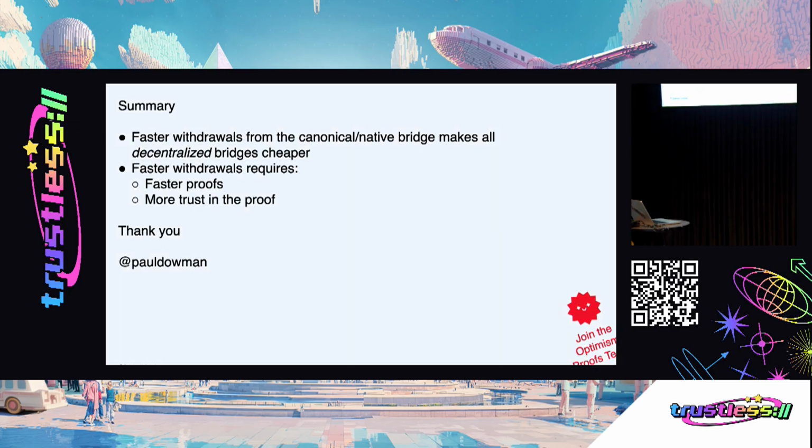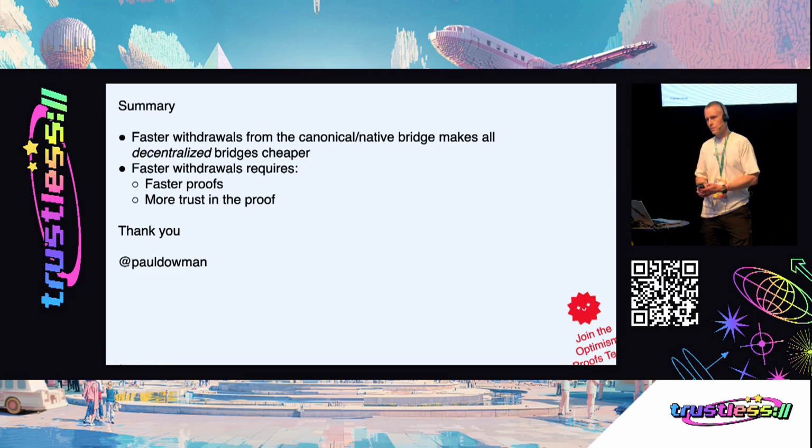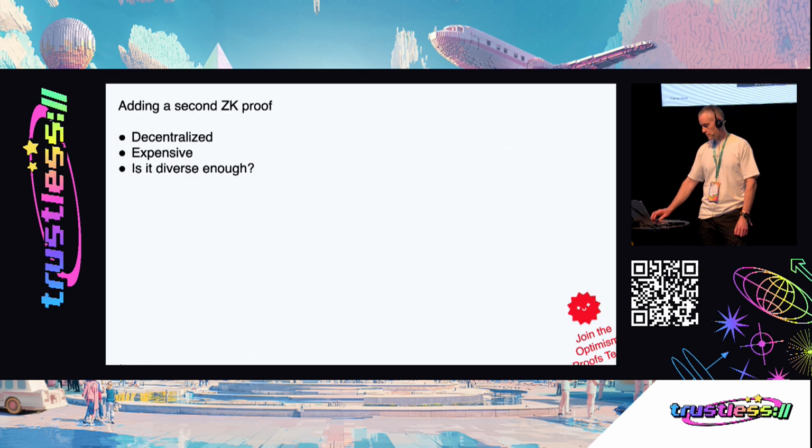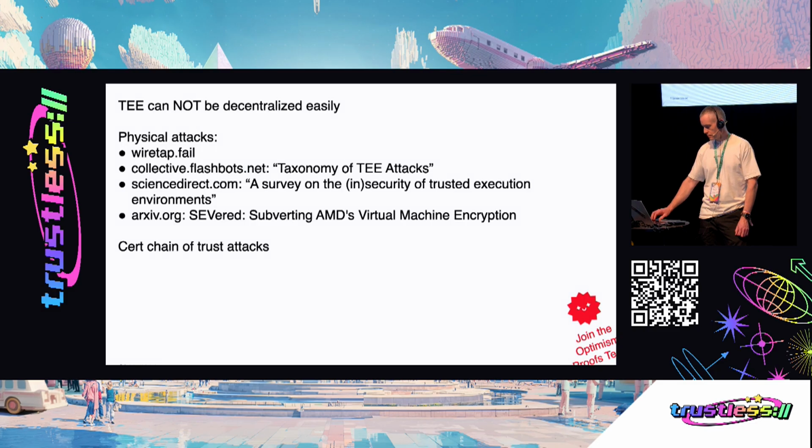Actually, I have one comment regarding the TE on-chain verifications. As you mentioned, verifying the native TE proof on-chain is very expensive because the TE proof itself is very complex. You need to verify the signature, the certificate chain, and everything. That will cost millions of gas.